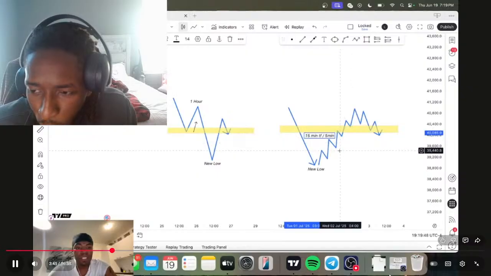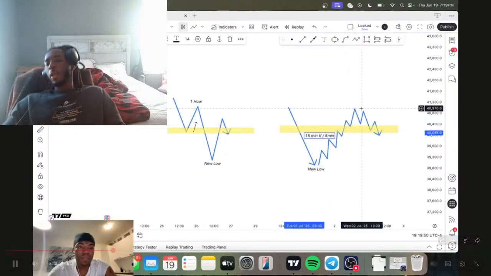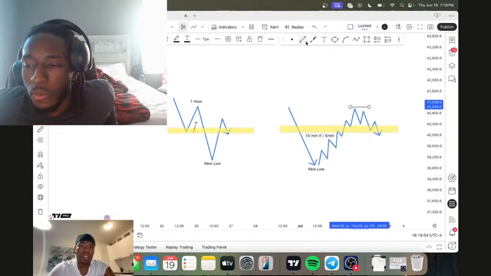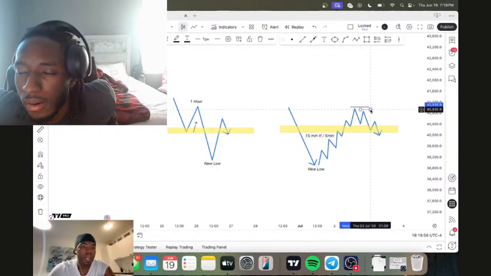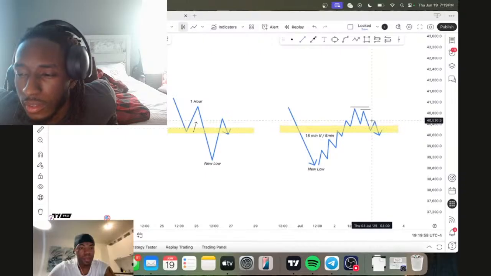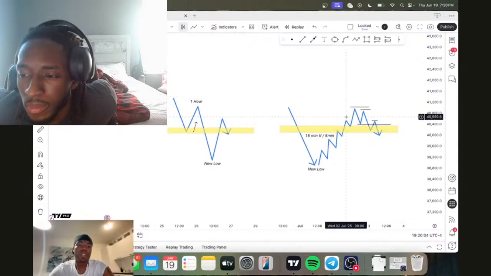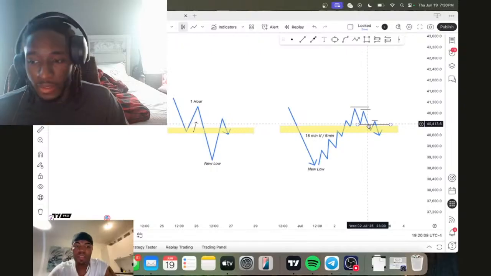This is our highest point, and then we see price make a lower high, and then a lower high again, and then we have this support right here that it broke. So not only is price building lower highs, but it's breaking supports on the 15-minute time frame.